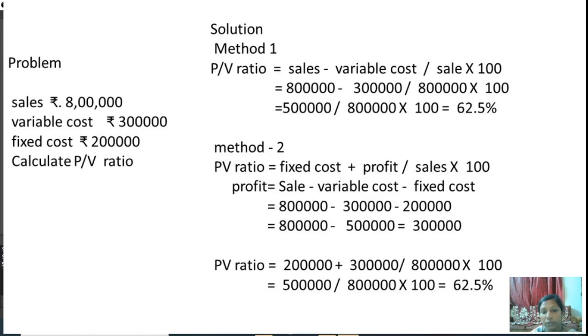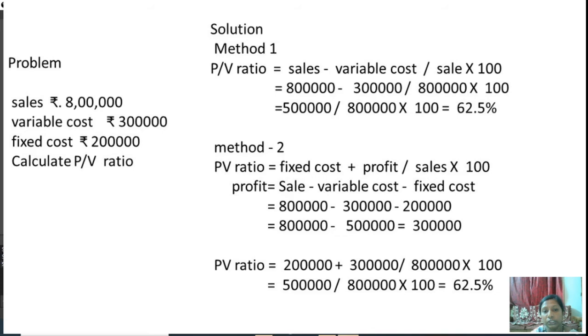Here also we use a formula for the calculation of profit: profit equals sales minus variable cost minus fixed cost. In the problem, the sales value is 8 lakh minus variable cost 3 lakh minus fixed cost 2 lakhs.